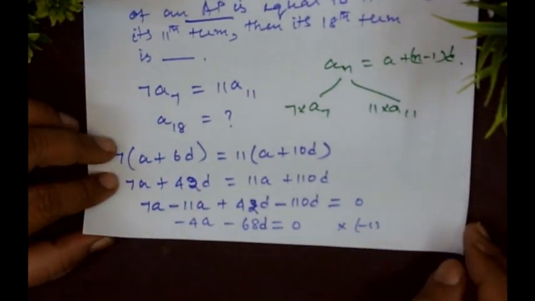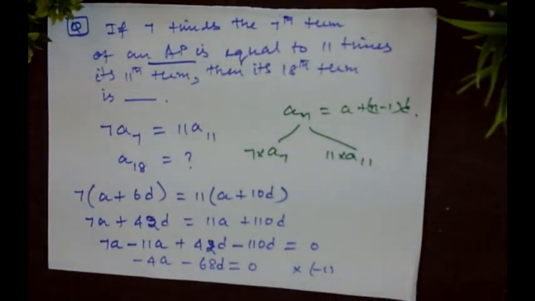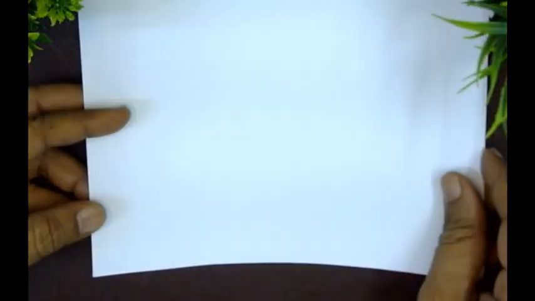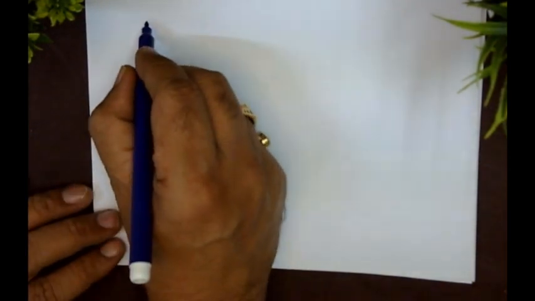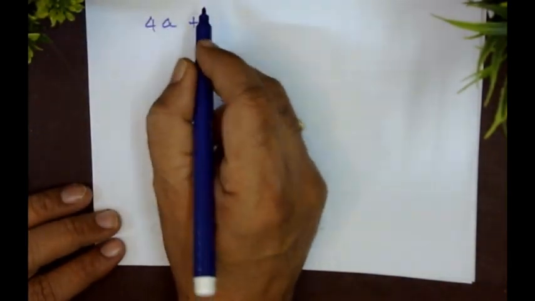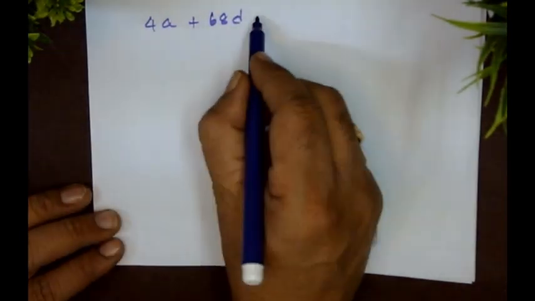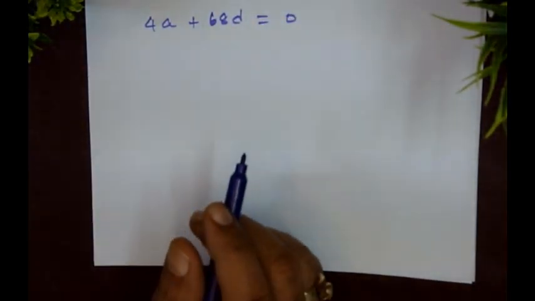So you will get 4a plus 68d is equal to 0.